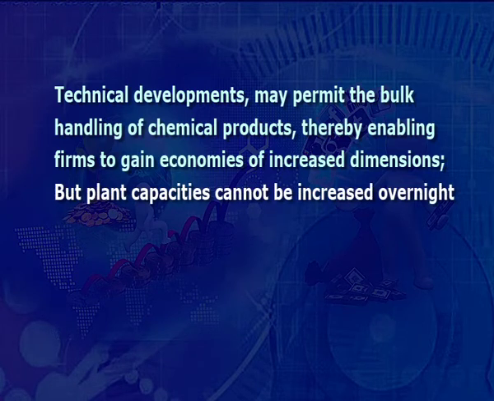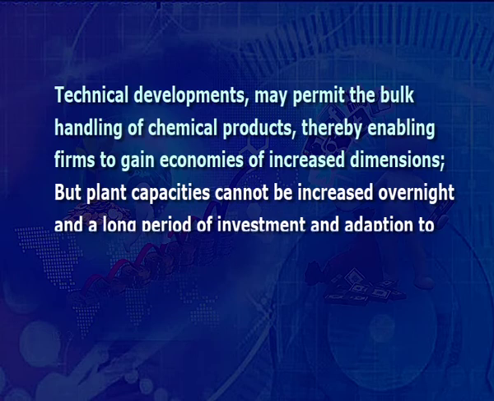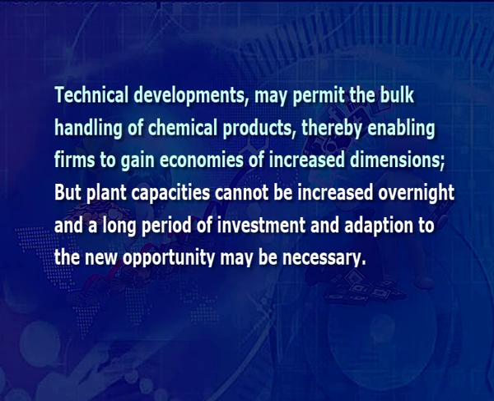But plant capacities cannot be increased overnight, and a long period of investment and adaptation to the new opportunity may be necessary. The theory suggests that eventually a new equilibrium with fewer firms will arise, but the prediction is a long run one. This point is of some relevance in interpreting the evidence and implications of this hypothesis.